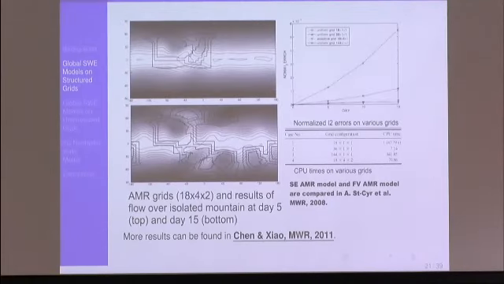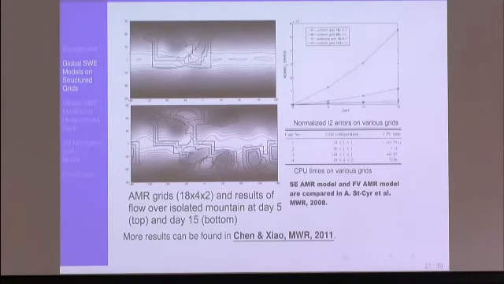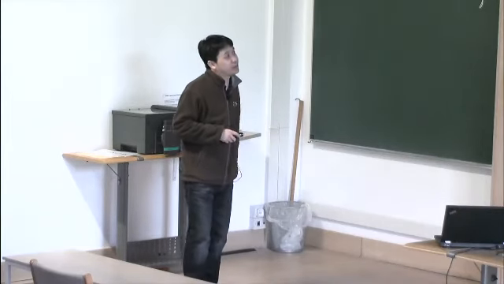Okay, this case is for the shallow water equations. It's the flow over an isolated mountain, case 5. The result is calculated on a 4-level AMR grid. Here is the normalized error. It is calculated based on the difference between the present numerical results and the spectral transform solution on a grid with very high resolution.